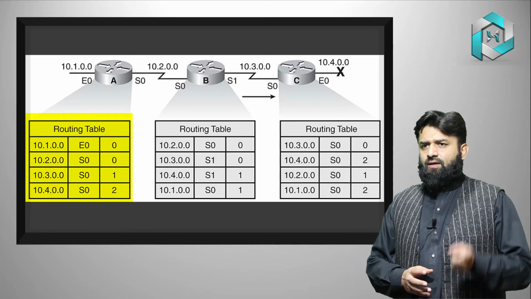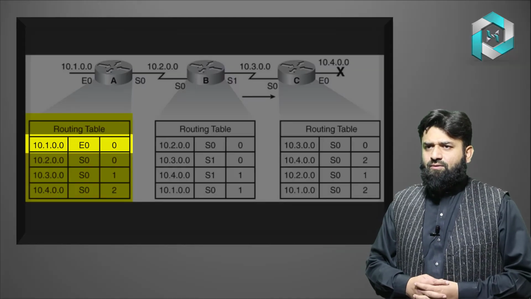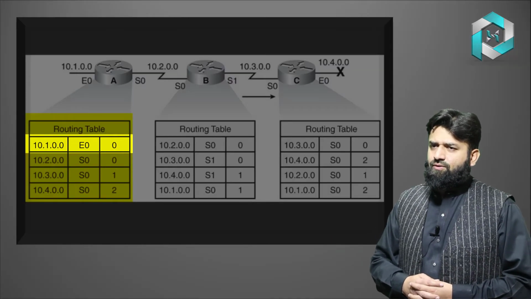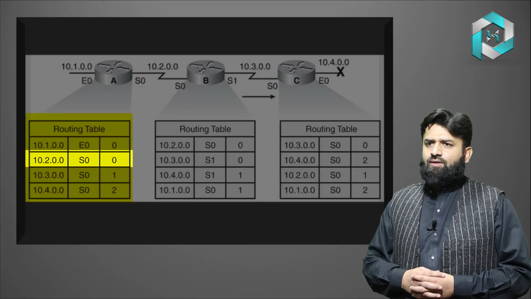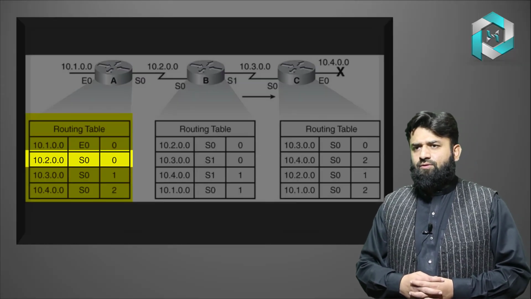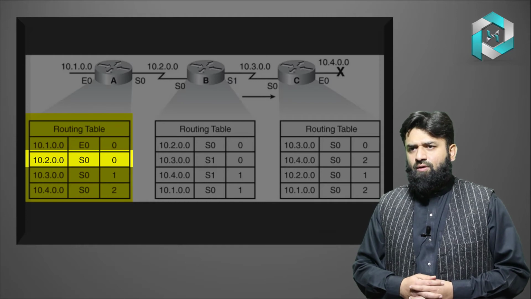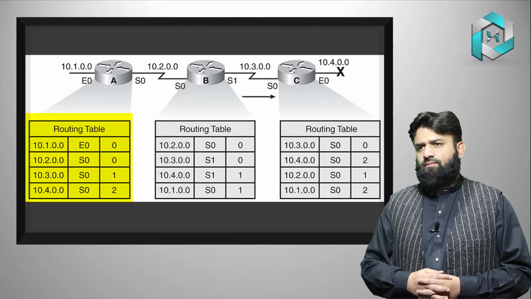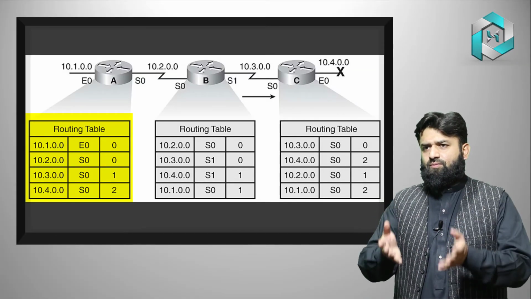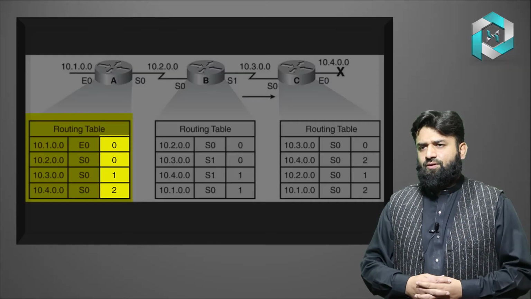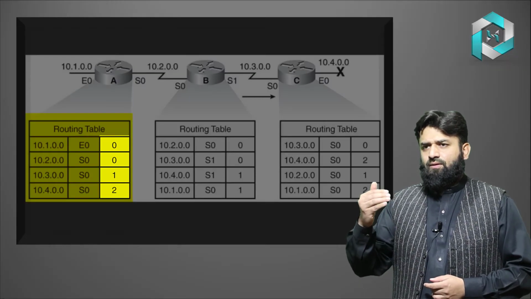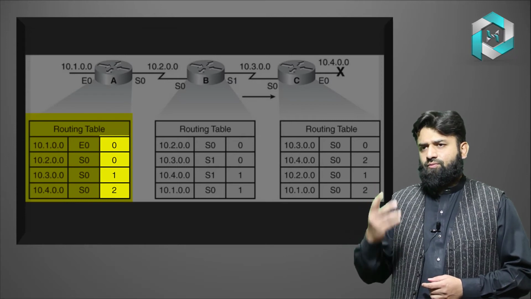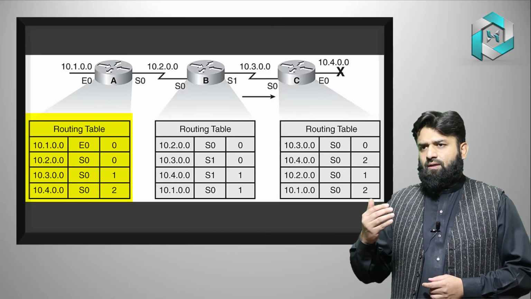We can see here there is a network 10.1.0.0 which is connected to E0, and there is network 10.2.0.0 which is connected to S0.